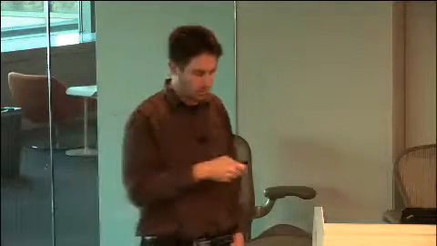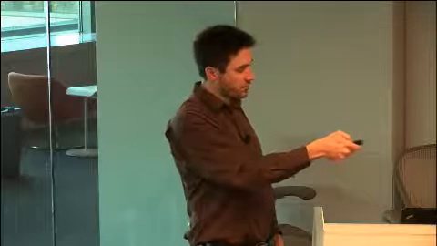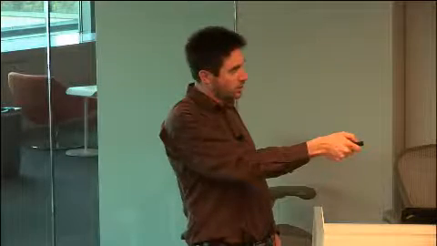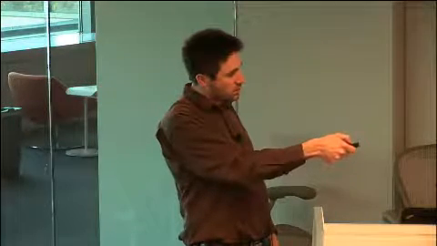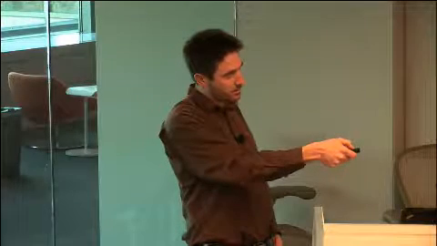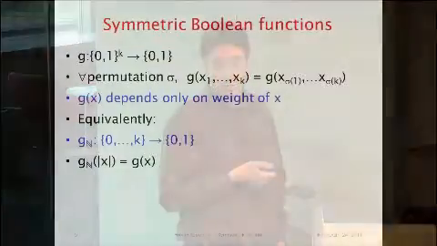Okay? Another way of thinking about it, because we are dealing with Boolean functions, is that if we have a certain number of ones, we can just think about all the ones being at the beginning and then zeros, right? So basically the function just depends on the number of ones in the input, or the weight of the input. That's a different way to define symmetric Boolean functions.